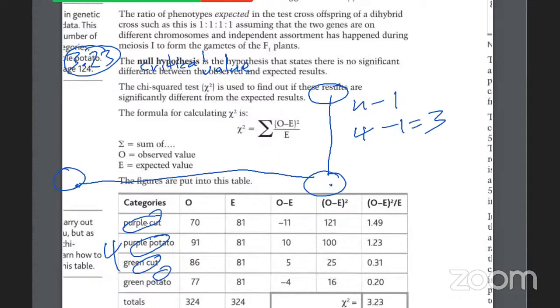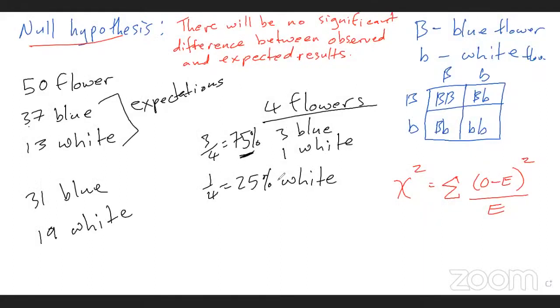So in the first part, let me go back to it, it's still on the board. Just a second. Right, so remember, when you cross 2 heterozygous offsprings, or a monohybrid cross, what is the expected phenotypic ratio?